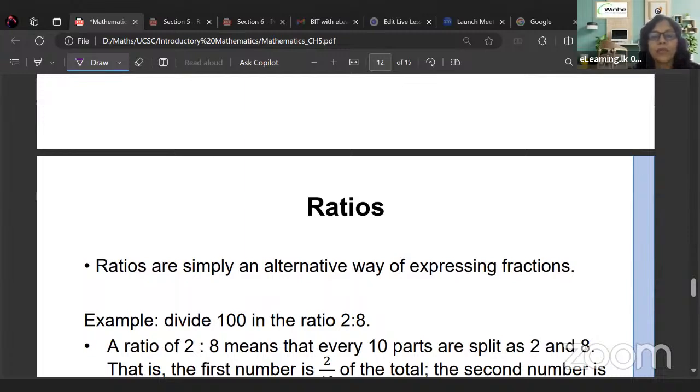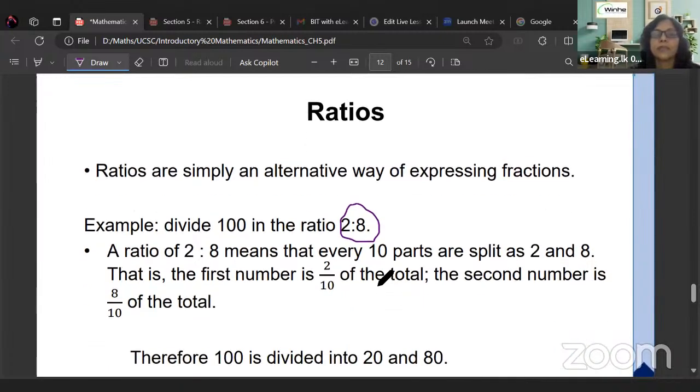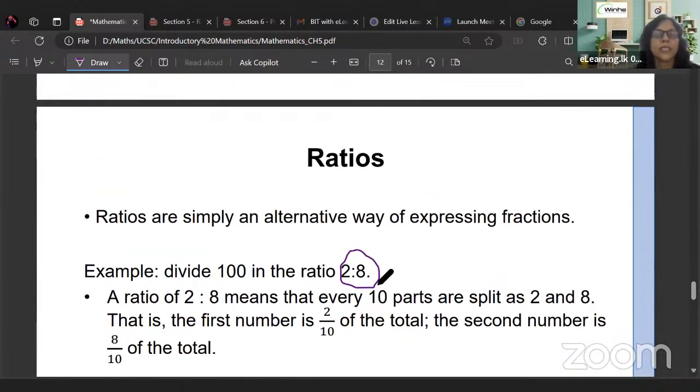What you have to do is add the numbers in the ratio together to find out of which value this ratio has been calculated. Here you can see the ratio of 2 to 8 means every 10 parts are split as 2 and 8. Right?